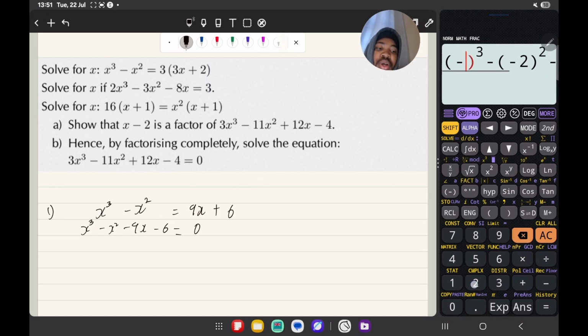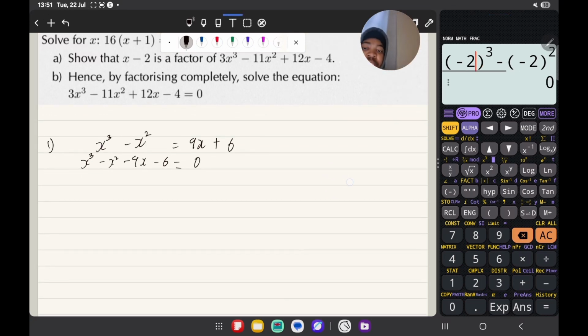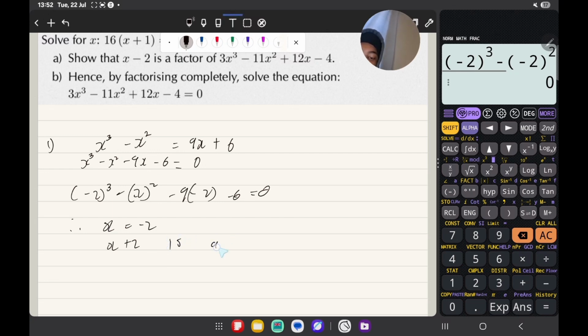So -2, right? X plus 2, right, is a factor.